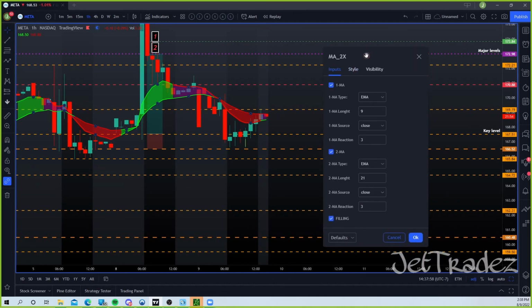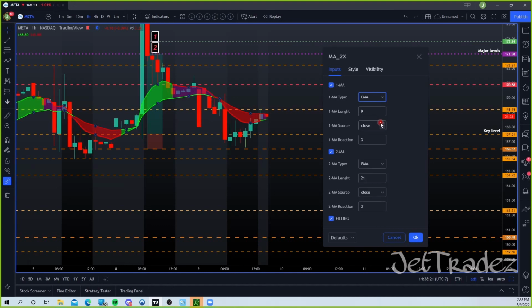If you don't want to have the whole lines on it, this will be it. The 9 is obviously there and the 21. So it's up to you. You can even change it to the SMA and have different varieties. You see how it changes the direction of the cloud? The EMA, SMA, smooth moving average, the DMA, TMA. The whole moving average used to be a good one that I used, but it looks weird here.